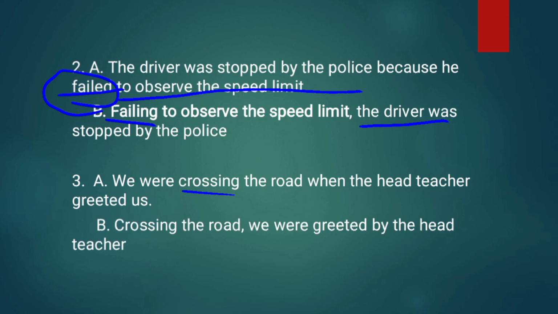Now who was crossing the road? It's we. So just after this comma, this "we" must be mentioned, corresponding to the verb here, showing that this is what was performing this action. So, crossing the road, we were greeted by the head teacher.